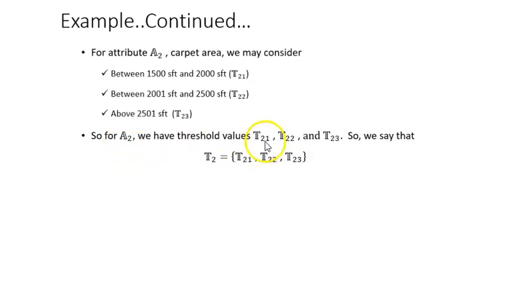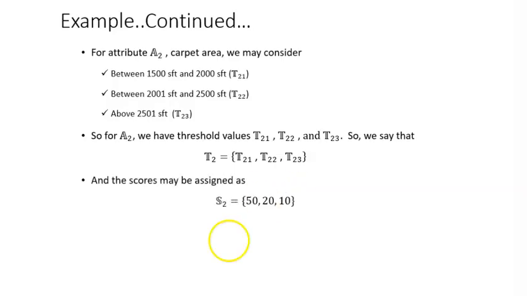So the digit here and the first subscript here are the same. So for A2 we have threshold values 21, 22, 23, and we say the set of threshold values T2 is the set of all these three, and we may assign scores 50, 20, 10.